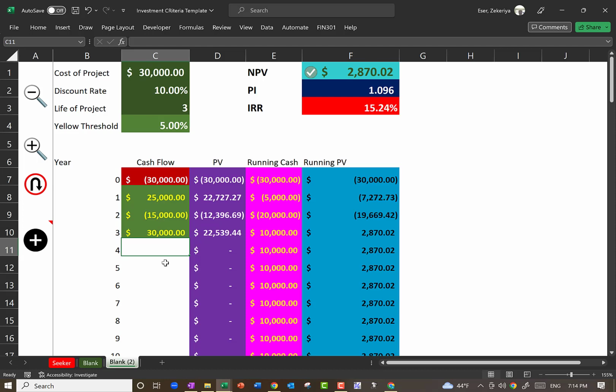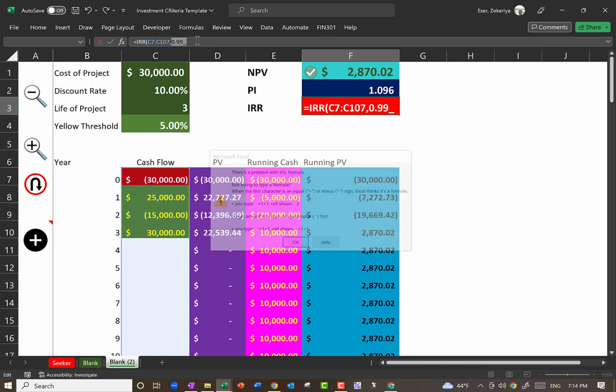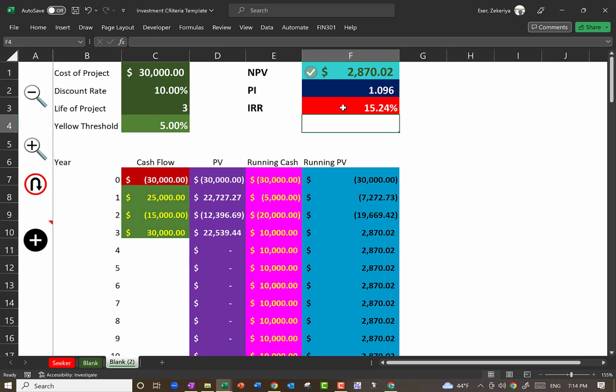That means the equation that defines IRR may have as many as 3 solutions. In fact, look at it. IRR, let me do it with no initial guess, 15.24, okay? Let me do an arbitrarily high initial guess, 0.99. Okay, that's also the same. How about if I do negative 0.99?